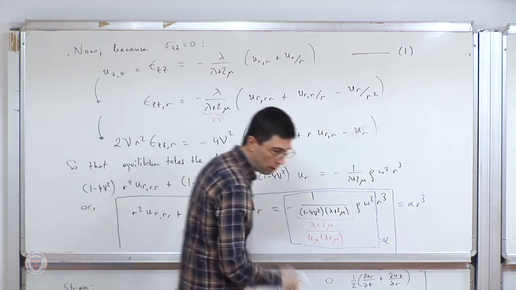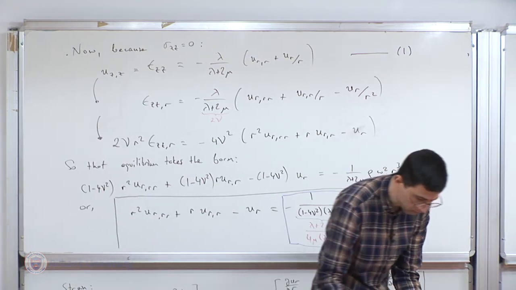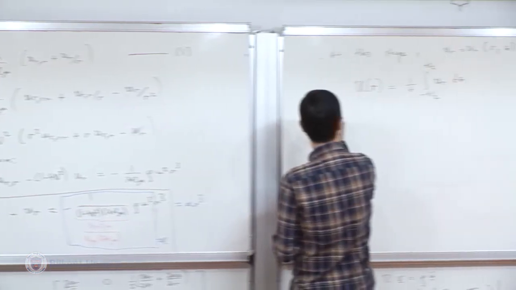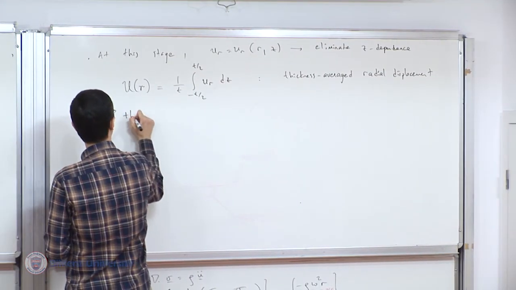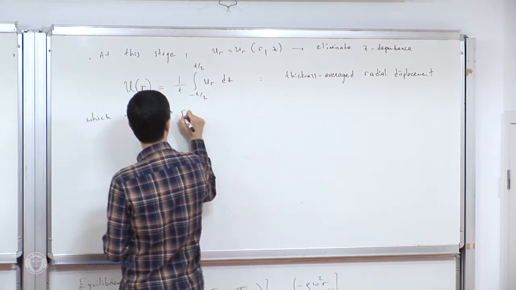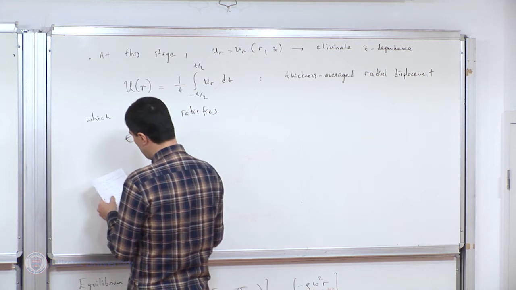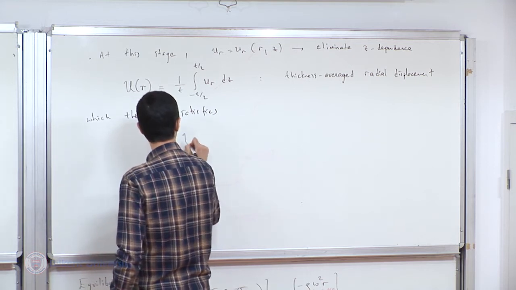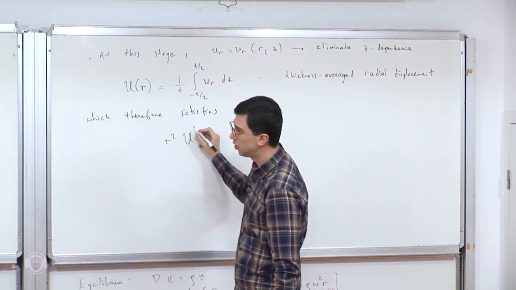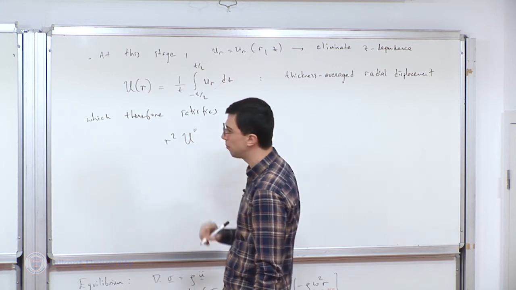So this equation now becomes, which therefore satisfies this thing, where ur is replaced by capital U, and all partial derivatives become ordinary derivatives.